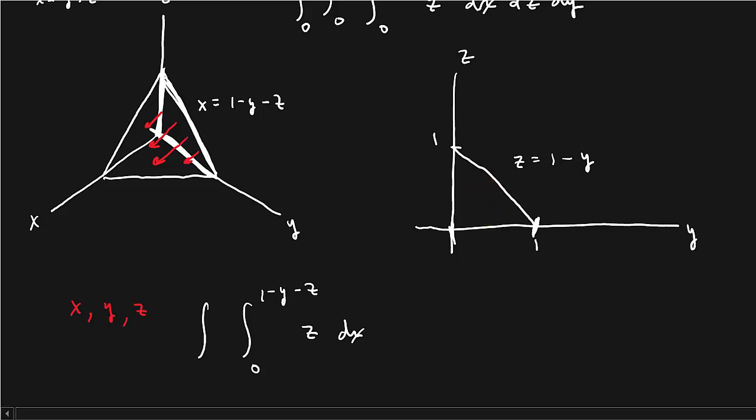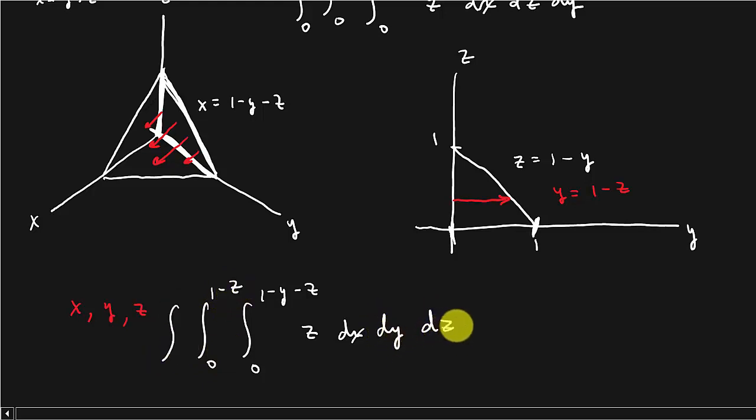And so I'm going to erase that, and y is going from 0 out to this line. So I'm going to need this in terms of y. So y is equal to 1 minus z. So that's going to be y goes from 0 to 1 minus z. That's dy. And then we do dz. dz is going from 0 to 1. And there's that one. So there's the 6 ways you can set that up.